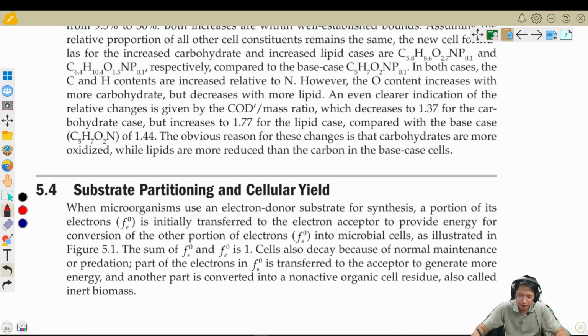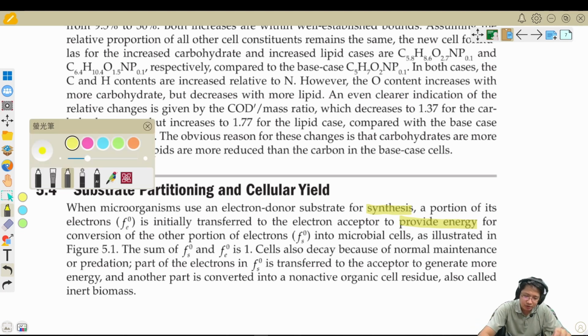Okay, so the first thing we will see here is that if the microorganisms use electron donor substrates, they will separate the electrons they use. One part is for cell synthesis, and another portion is used for providing the energy that's required for the cell to maintain itself.